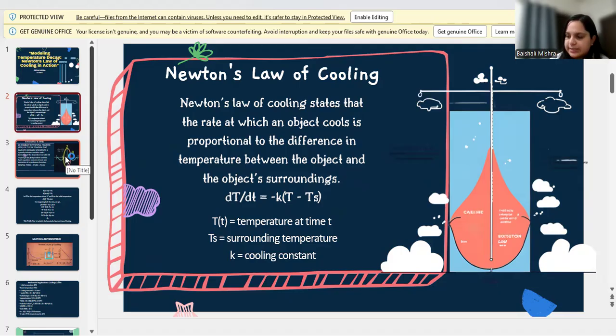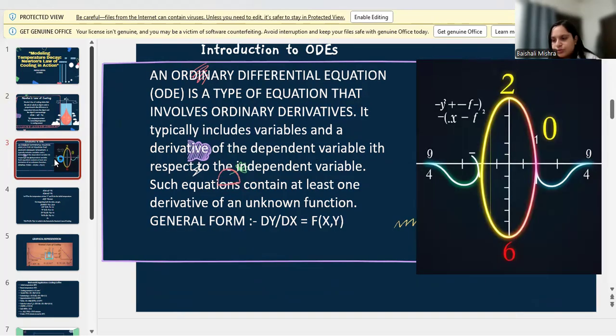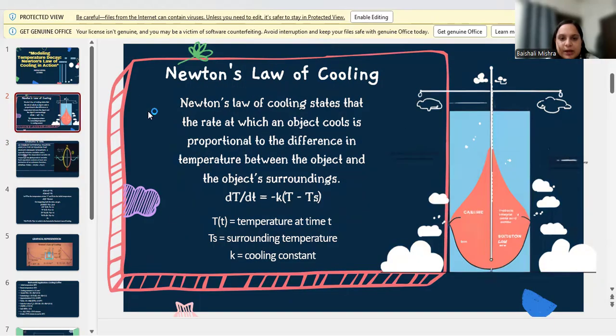So now we will understand how it is connected to the first order differential equation. What is a first order differential equation? It is an equation that involves a function and its derivatives. We know that Newton's law of cooling is written as dT/dt = k(T − Ts).